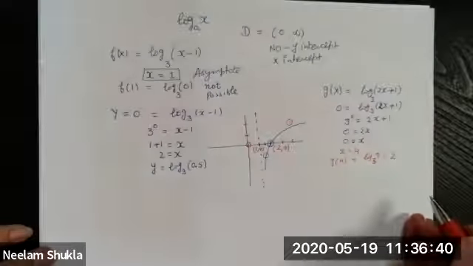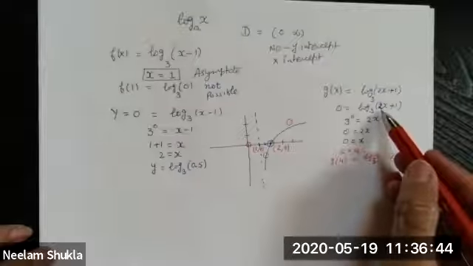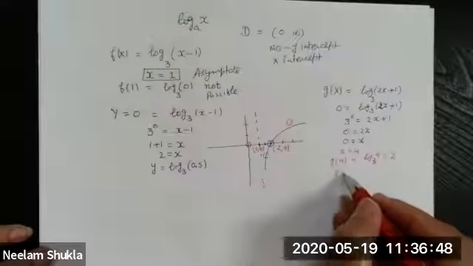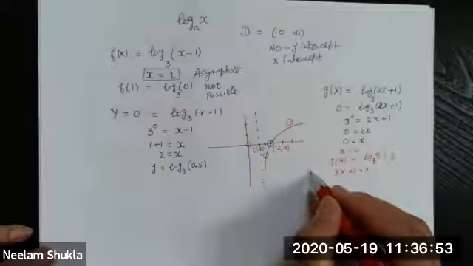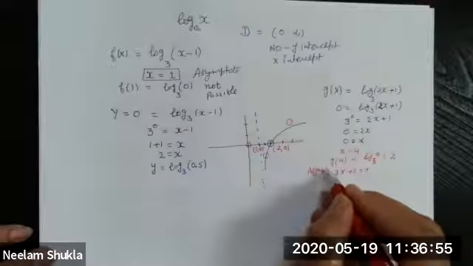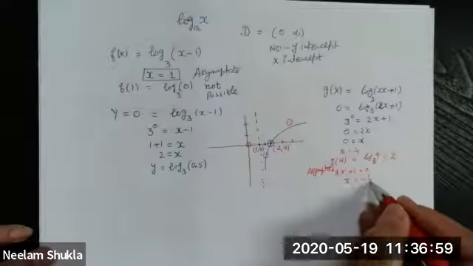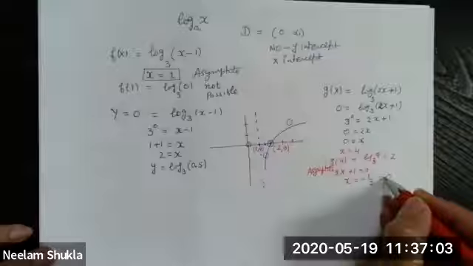And if you look where your asymptote is, you have an asymptote for this function g(x) whenever your 2x plus 1 becomes 0. And that will exist at the point x equal to negative 0.5.